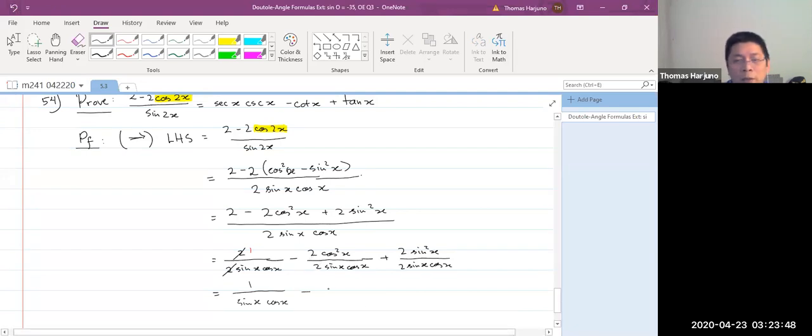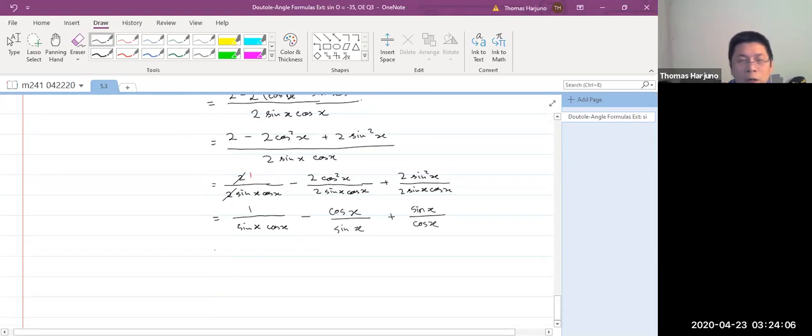So what do I have left? Cosine x over sine x plus sine x over cosine x, which will give us secant x cosecant x, right?